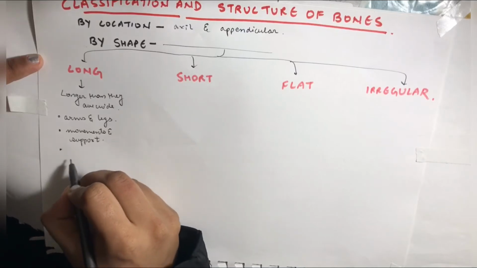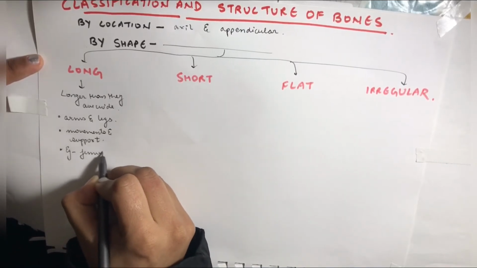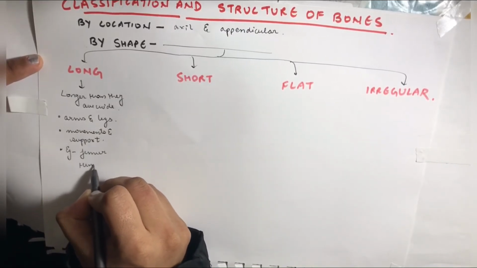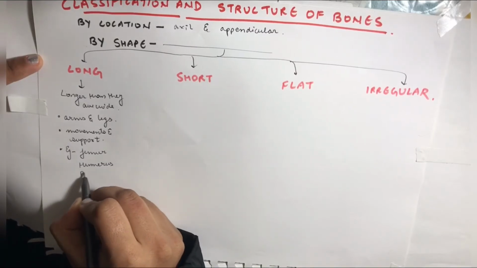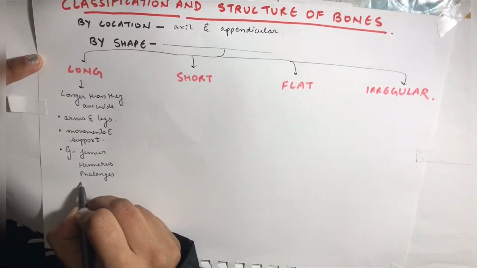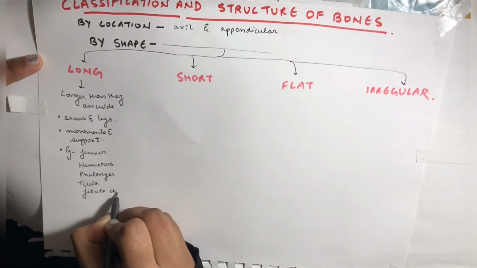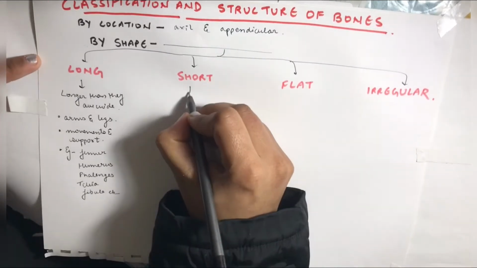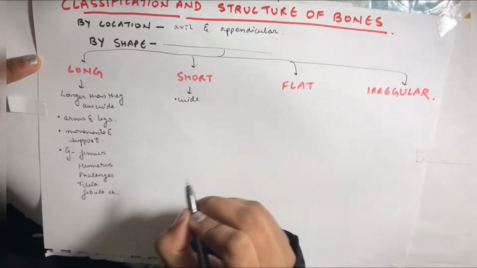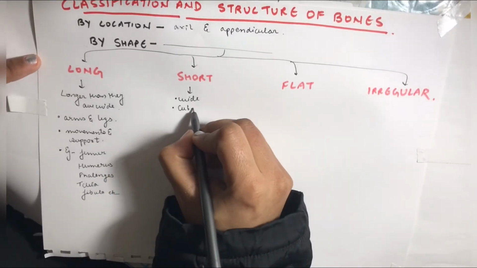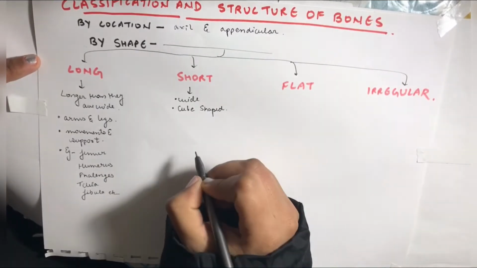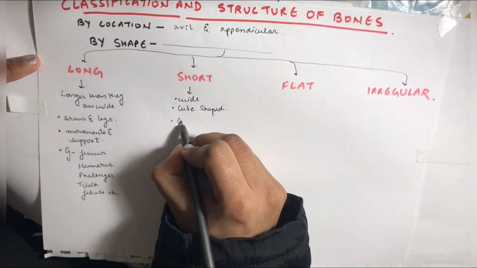The examples of long bones are femur, humerus, phalanges, tibia, fibula, radius, and ulna. These are all considered long bones. Then we will talk about the short bones. They are wide, cube shaped bones, and examples are carpals and tarsals.